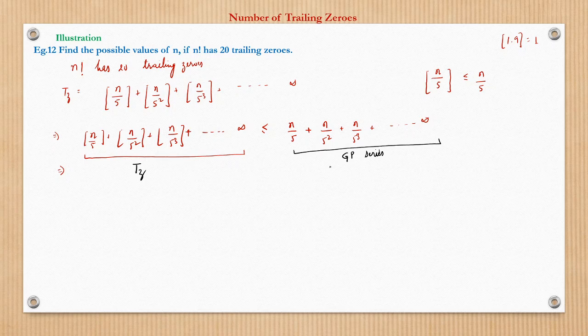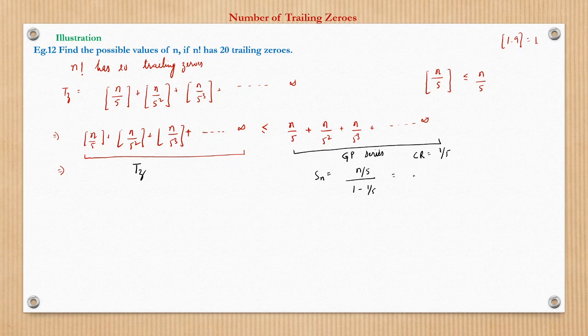So this is a sum of a GP series. The sum of all the terms would be a upon 1 minus r, where a is the first term, so it becomes n by 5 upon 1 minus r. The common ratio is 1 by 5 here, so 1 minus 1 by 5.